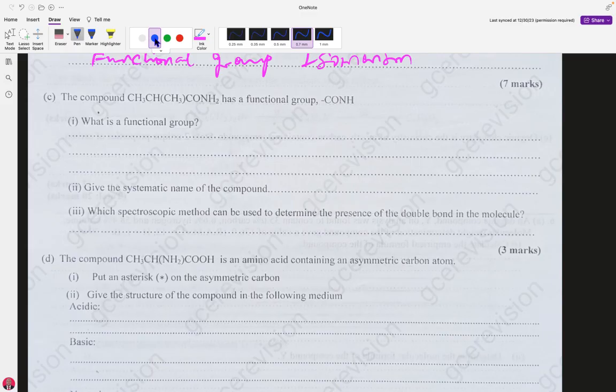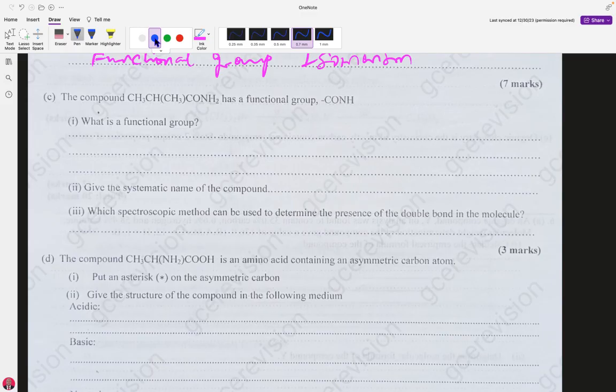A functional group, remember that a double bond is a functional group. A single bond is a functional group, that's for alkanes, homologous series. A triple bond is a functional group. The halogen, the location of halogen, bromine, they are giving them their halides. That's a functional group.